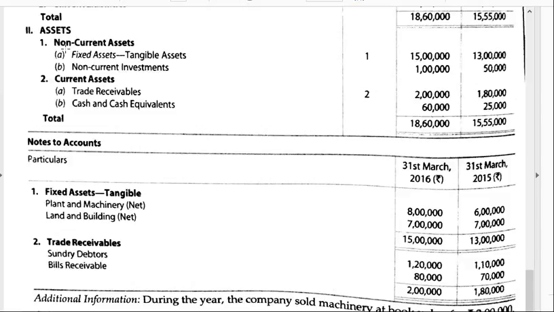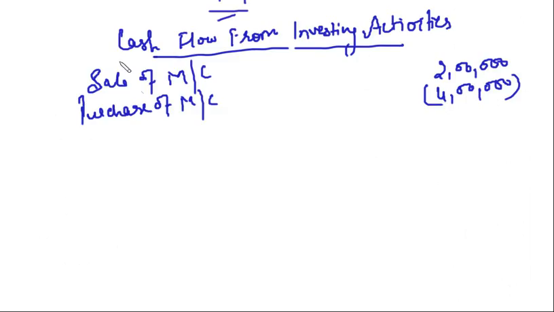Non-current investments. Opening balance of non-current investments, that means these are the long-term investments. Opening balance was 50,000 and closing balance is 1 lakh. So that means during the year we have purchased non-current investments of 50,000, which is an investing activity. Fixed assets plus long-term investments.